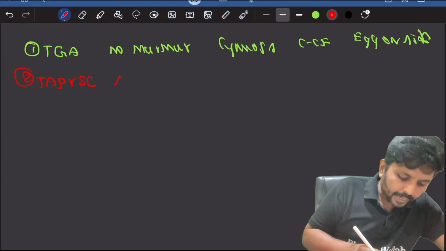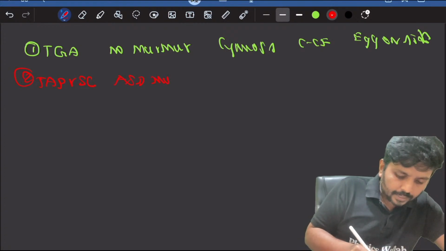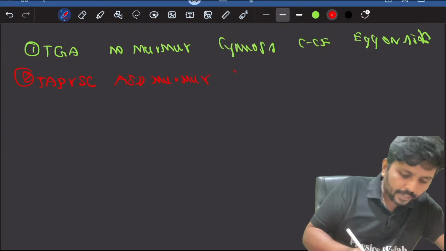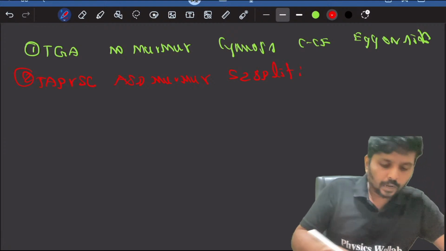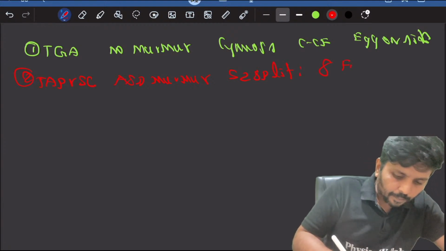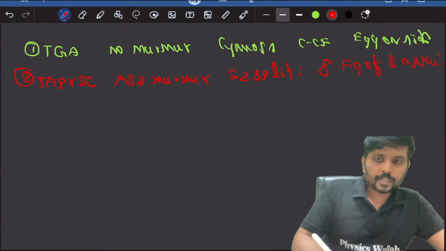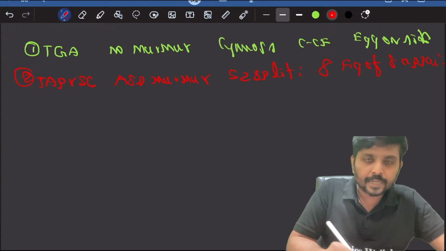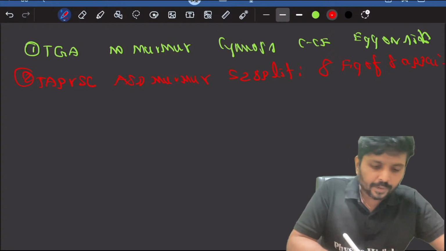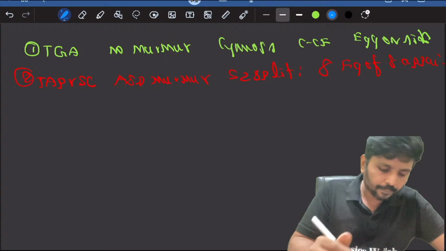Here you will have an ASD murmur. ASD murmur means you will have a wide, fixed split of S2. Along with that, figure of 8 appearance. That is total anomalous pulmonary venous connection. All pulmonary veins will be drained into the right atrium rather than the left atrium.